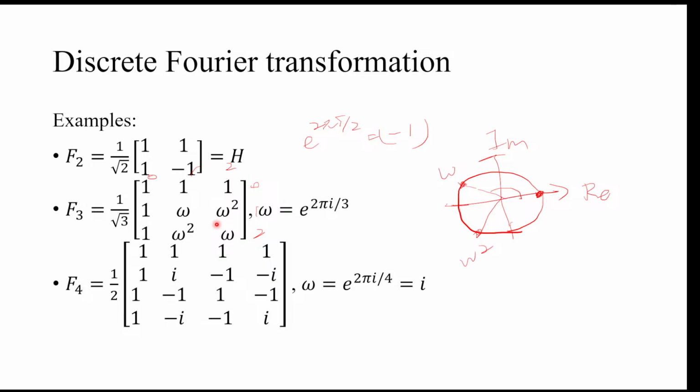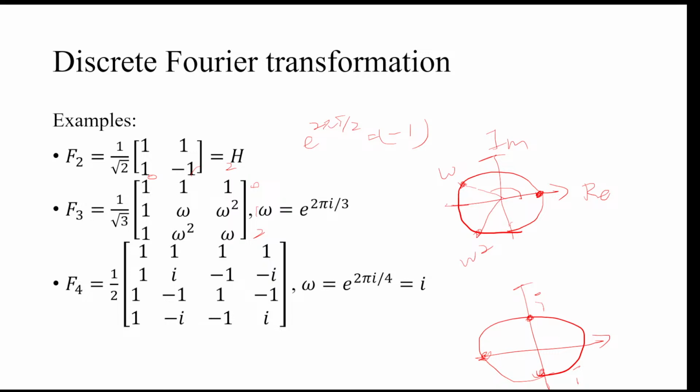And similarly for n equal to 4, omega equals e to the 2 pi i divided by 4. Now it's just this imaginary point here. Let's draw a picture also. For n equal to 4 we have these 4 roots: 1, i, minus 1, and minus i.